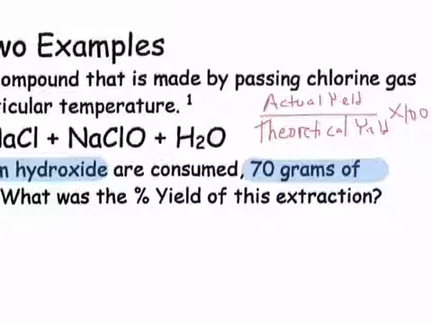So actual yield and theoretical yield. Now, our actual yield, that's what we actually get when we do the experiment. Our theoretical yield is what we should get. So in a perfect world, in a perfect lab setting, that's what we end up getting.